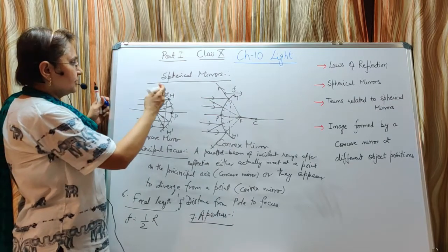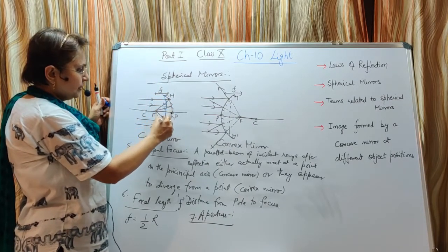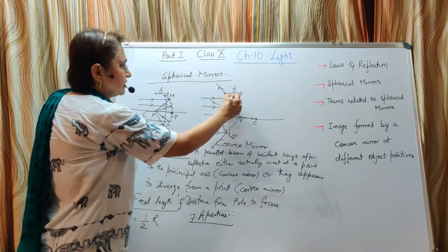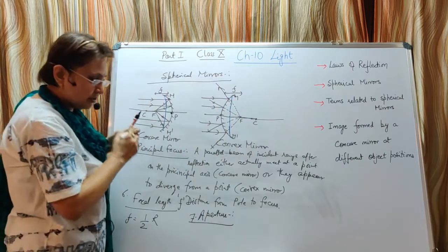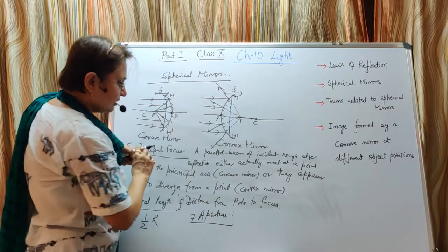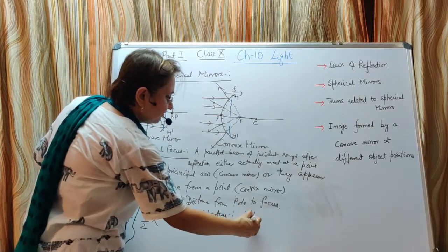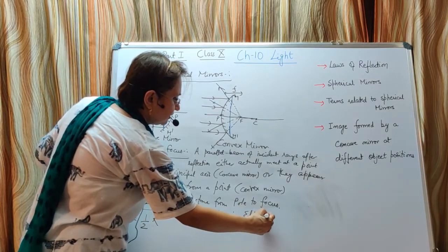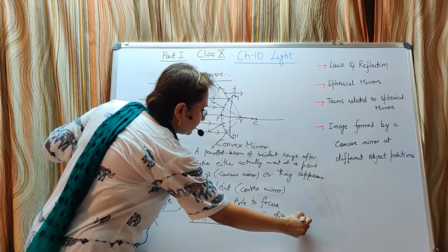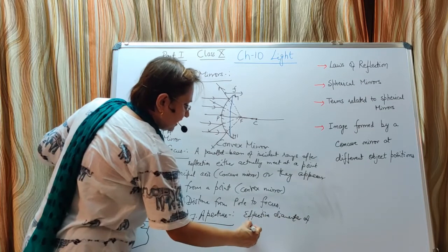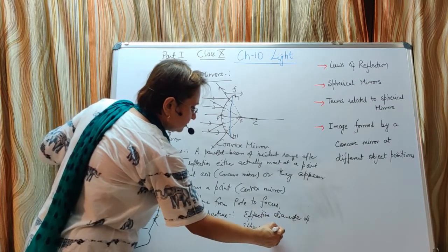Here I will show you with the blue pen. This M to M dash, which is the effective diameter of the mirror, we call the aperture of the mirror. So aperture is the effective diameter of the spherical mirror.